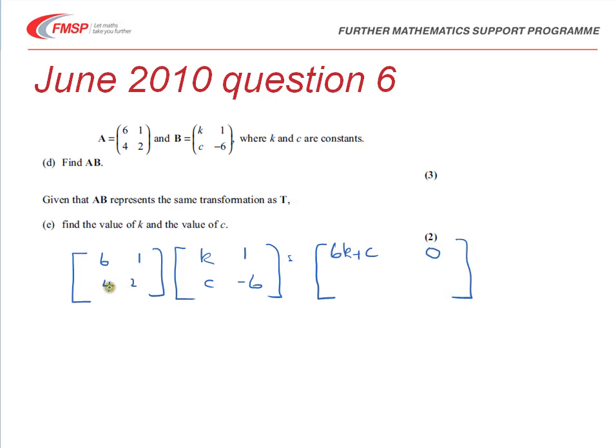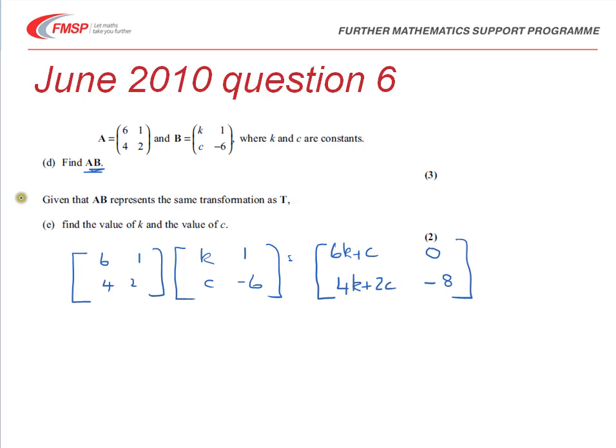And then the second row, 4k plus 2c, and 4 minus 12, giving you minus 8. So that's finding AB.